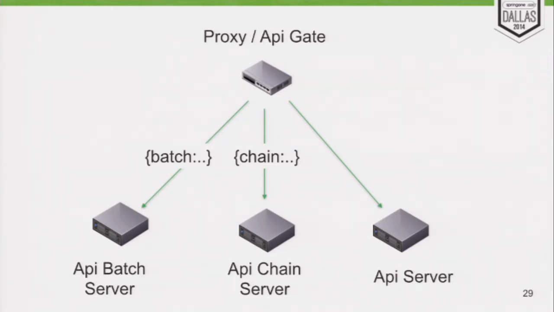So while you've been, say for instance, saying I want to have a separate server for the store, a separate server for the users, et cetera, now you can say, I can have a separate server for the store, a separate server for store batching, a separate server for store chaining, a separate server for user batching, a separate server for user chaining, and so forth.